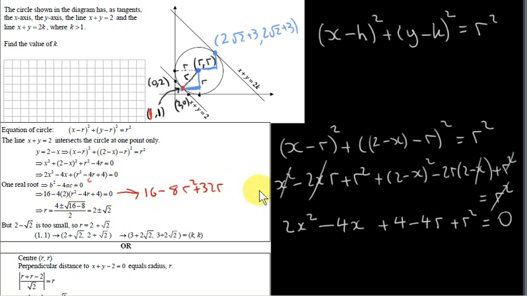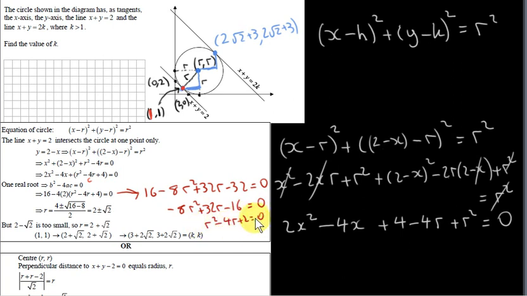Then minus 8 by plus 4 is minus 32 equals 0. Then we can write this as minus 8r squared plus 32r, minus 32 plus 16 is minus 16, equals 0. Then we could divide all this by minus 8, and we get r squared minus 4r plus 2 equals 0.